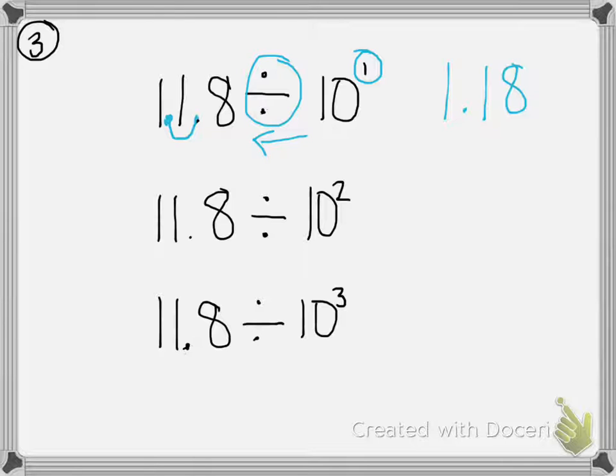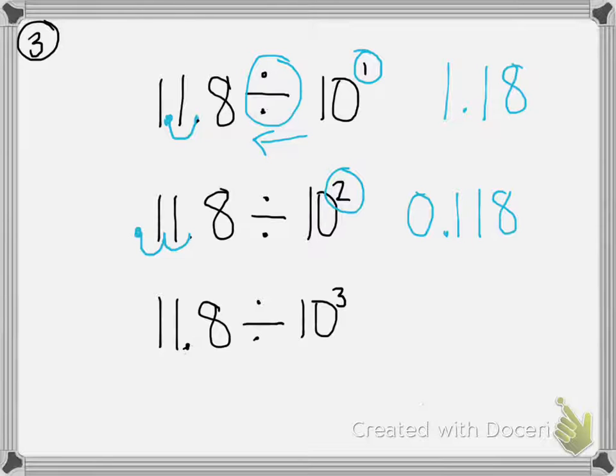Our next one, again, we're dividing, so we move our decimal point to the left 2 times. 1, 2, decimal point. So we have decimal point, 1, 1, 8. And we need to make sure we put our 0. So it's 118 thousandths.